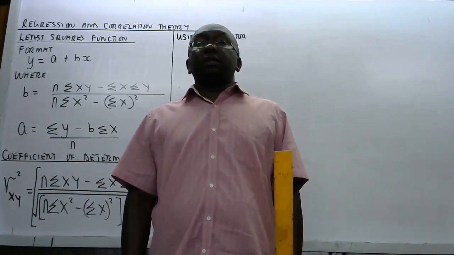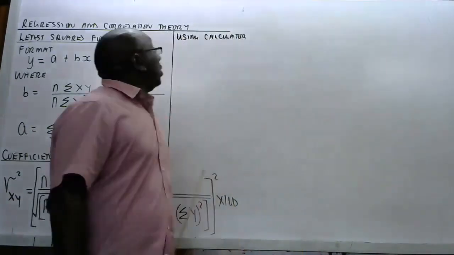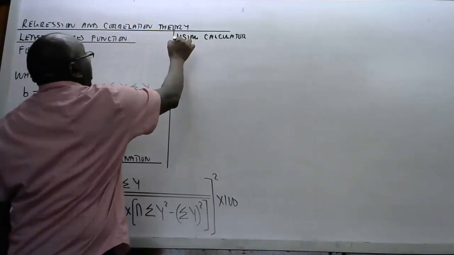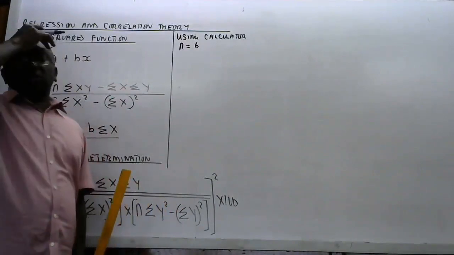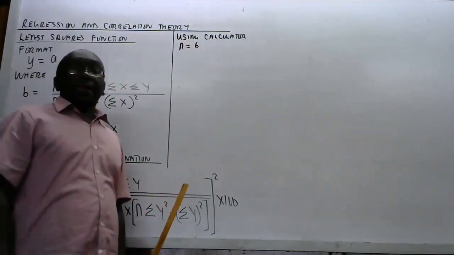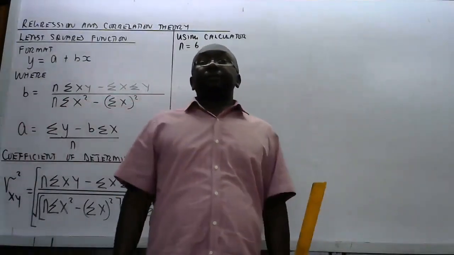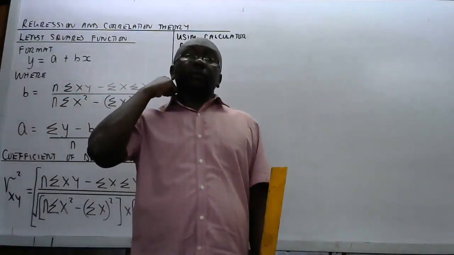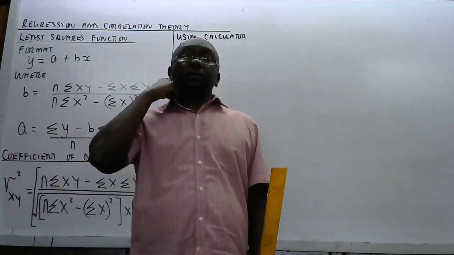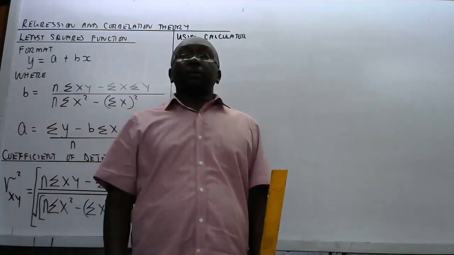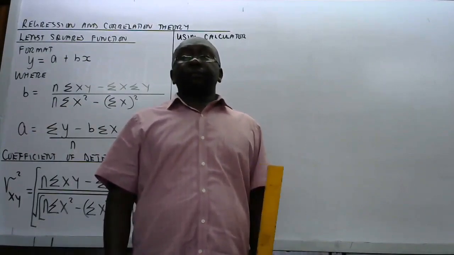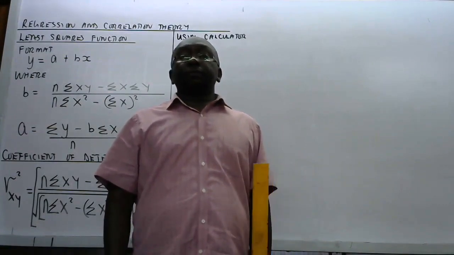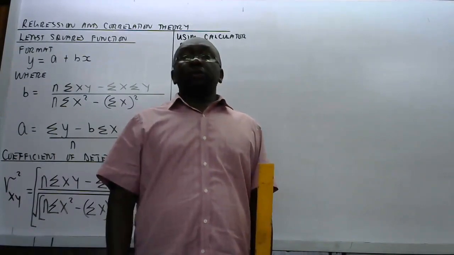Now you have n equal to what? 6. So we can even start that way. n is equal to 6. Using the calculator, you can see that n is equal to 6.